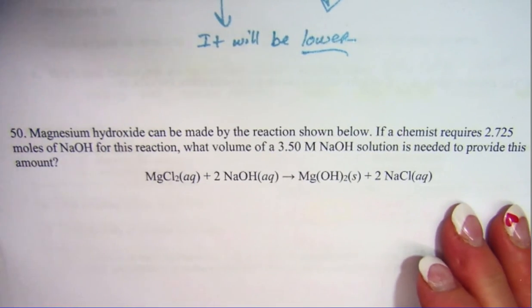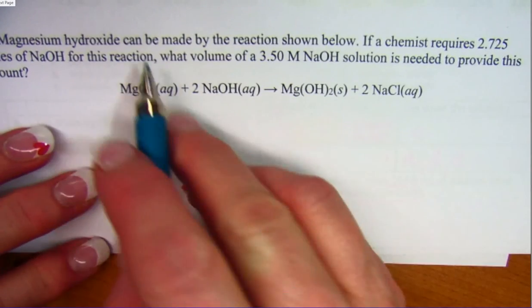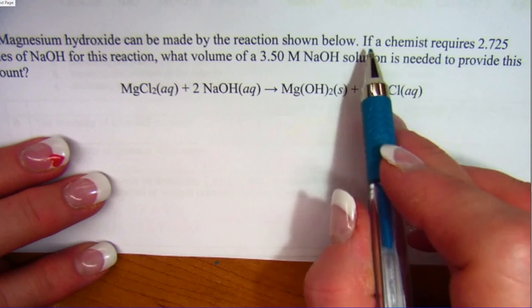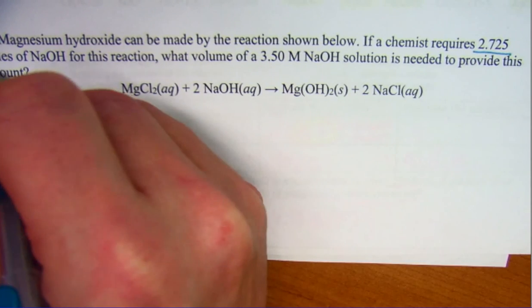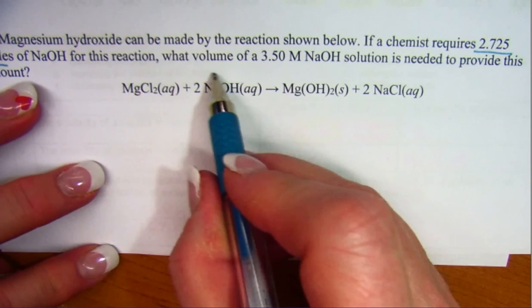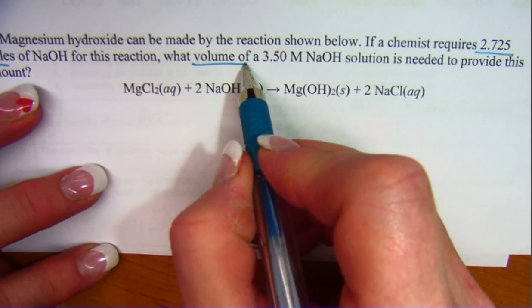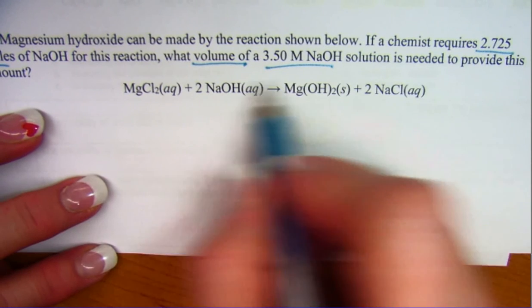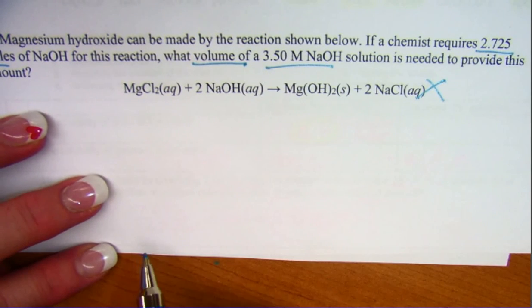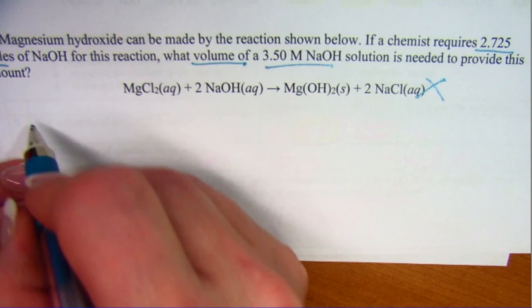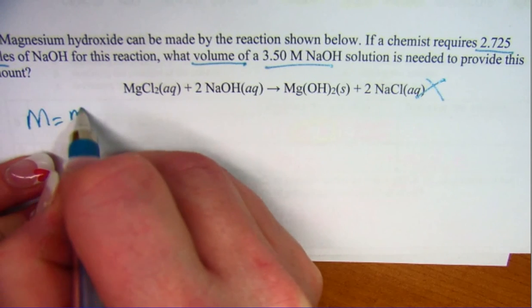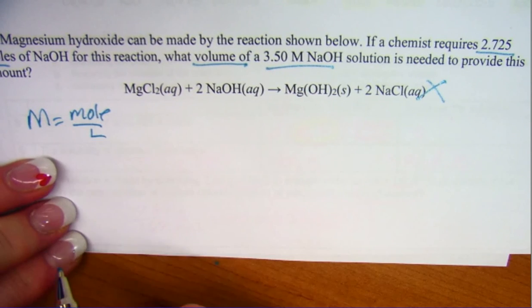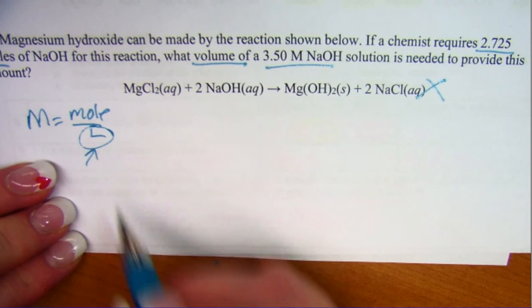Okay, next one. Magnesium hydroxide can be made by the reaction shown below. If the chemist requires this many moles of NaOH for this reaction, what volume of this is needed to provide this amount? Do I need this equation? No, extra information. I do have molarity equals moles divided by liters, and I am looking for liters.